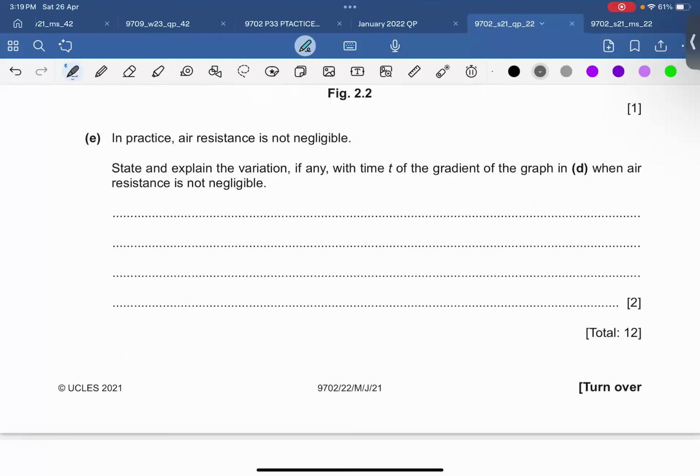Now they're saying, state and explain the variation, if any, with the time t of the gradient.